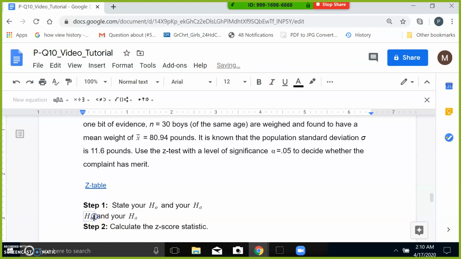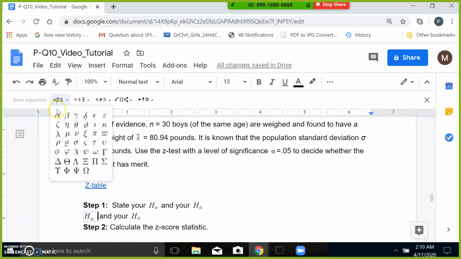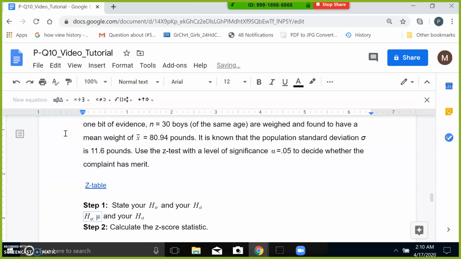So the null would be here that mu equals 85.